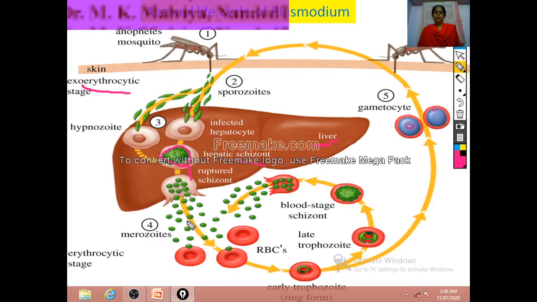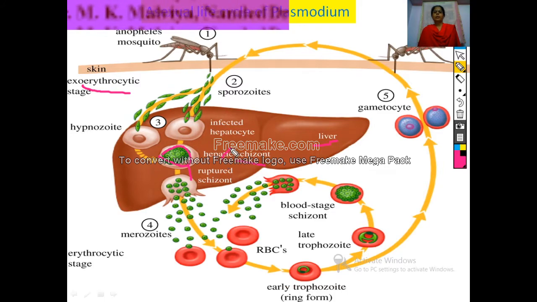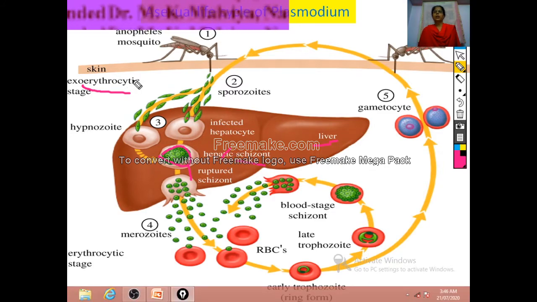The many Plasmodium parasites now come out of the liver cell itself and attack another fresh liver cell, and here another life cycle is completed, known as the exoerythrocytic schizogony. Why are they called pre-erythrocytic schizogony and exoerythrocytic schizogony?